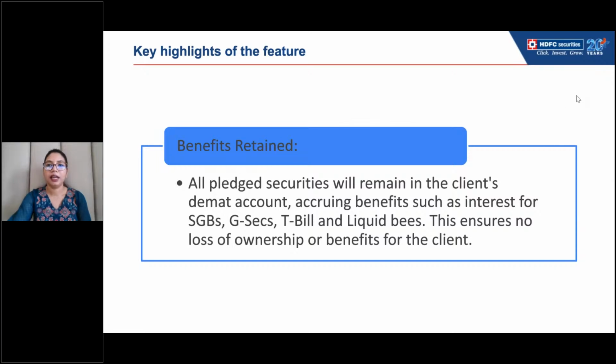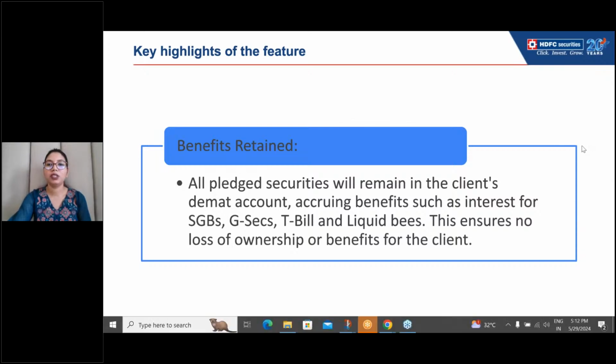Now, the last point is that this is the most important point, that all pledged securities will remain with the clients. Okay, so even if you pledge all these securities, they are not going to be transferred to the broker or any other party. They are going to remain with you in your demat account, and it is going to accrue the benefits as interest for all these instruments, and you're going to get all those benefits, okay?